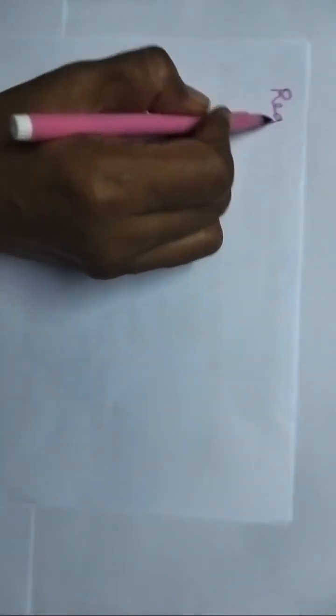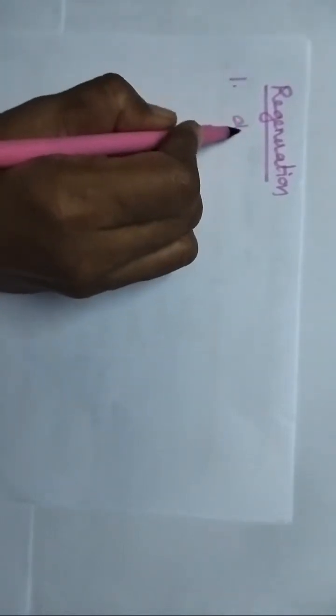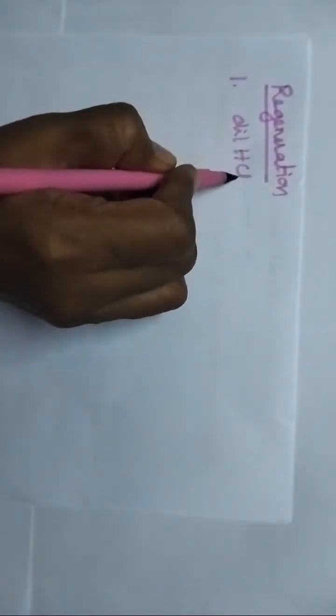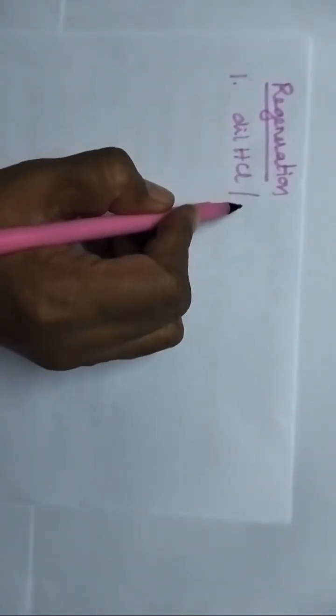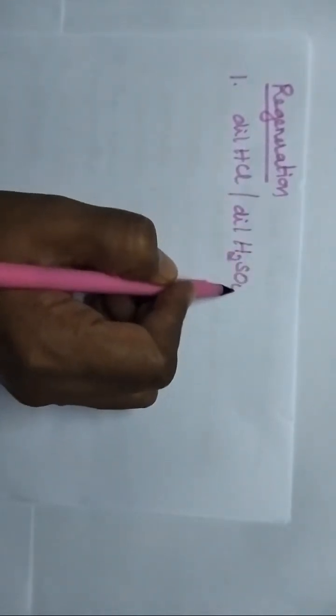Coming to the regeneration of cation and anion resins. Initially, the cation exchange resin can be regenerated by washing with dilute HCl or dilute sulfuric acid.